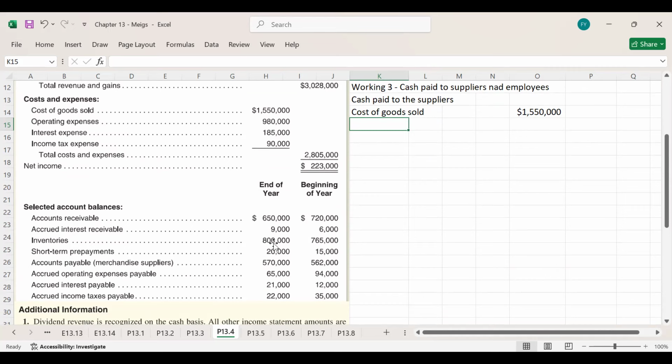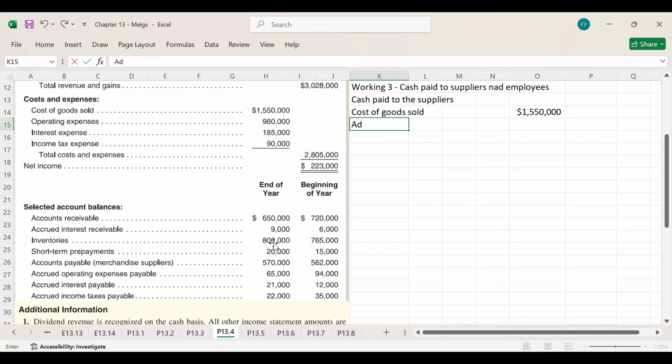So this indicates that the company has purchased more inventory than it sold during the period. This reflects additional cash flows from the inventory purchases, and in order to calculate the actual cash paid for inventory, we add any increase in the inventory to the cost of goods sold.